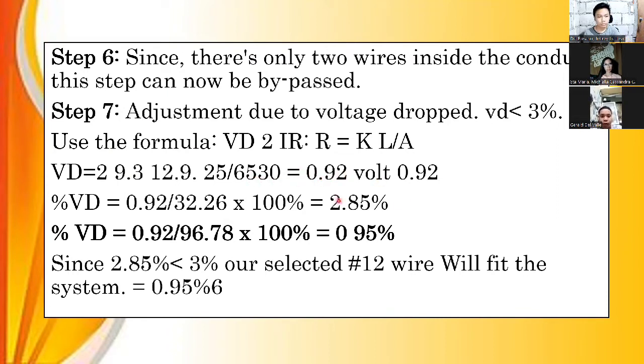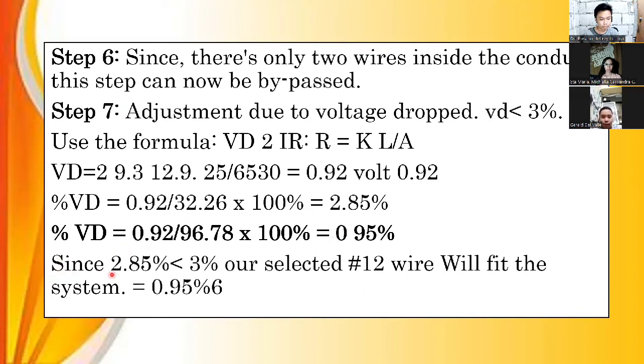So percent VD equals 0.92 over 32.26 times 100%, which equals 2.85%. And 0.92 over 96.78 times 100% equals 0.95%.